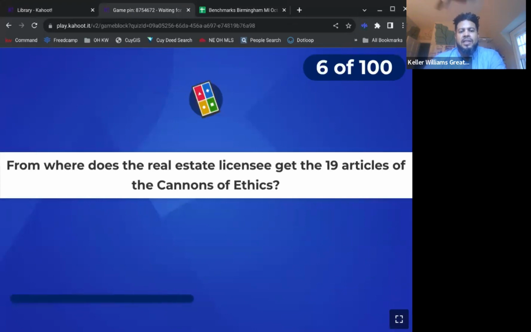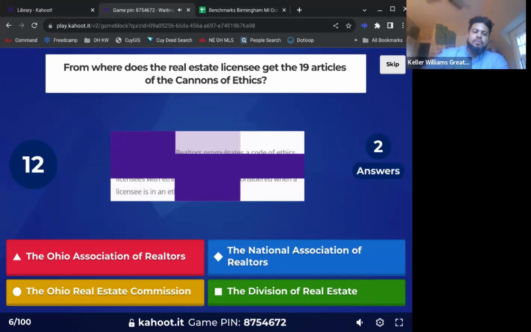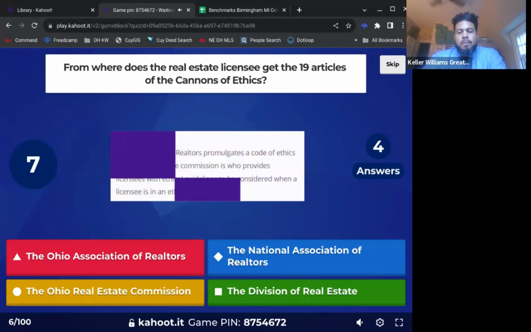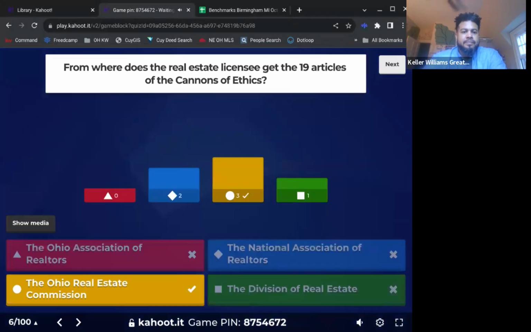From where does the real estate licensee get the 19 articles of the canons of ethics? Some split there. Yes, it is the commission. So we had some people say National Association of Realtors, Division of Real Estate. The National Association of Realtors is the code of ethics.